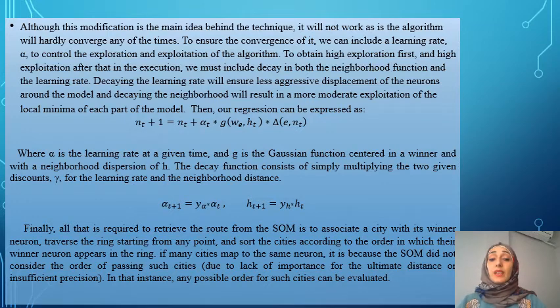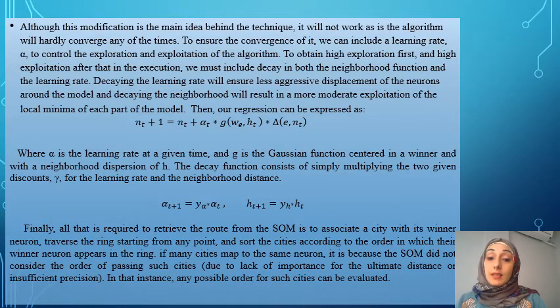Decaying the learning rate will ensure less aggressive displacement of the neurons around the model, and decaying the neighborhood will result in more moderate exploration of the local minimum of each part of the model.